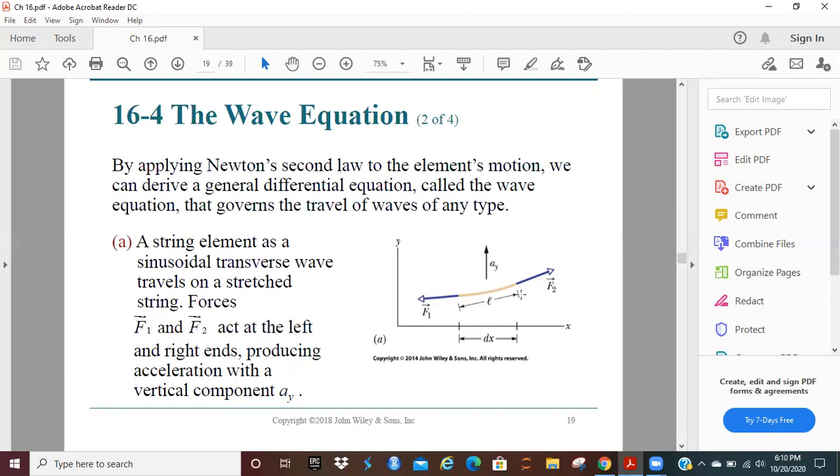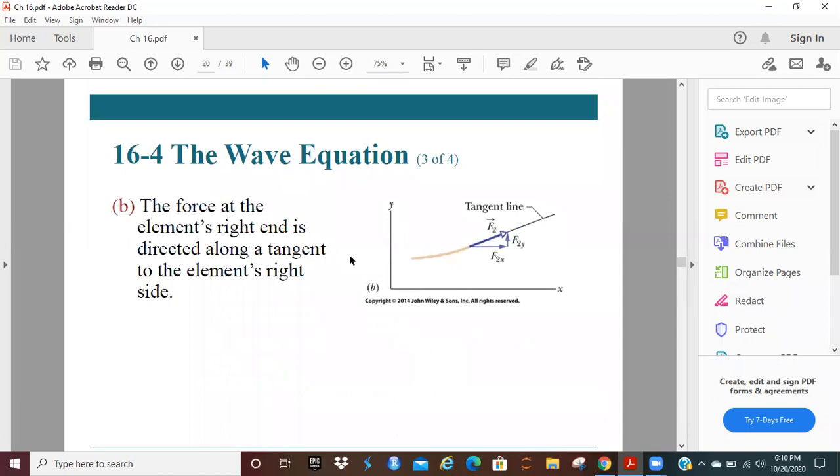So you've got the forces acting along a certain length, a certain delta x that you're looking at, and this is going to provide an acceleration in this direction. The force at the element's right end is directed along the tangent to the element's right side. So you can see here the component of force 2x and component of force 2y.